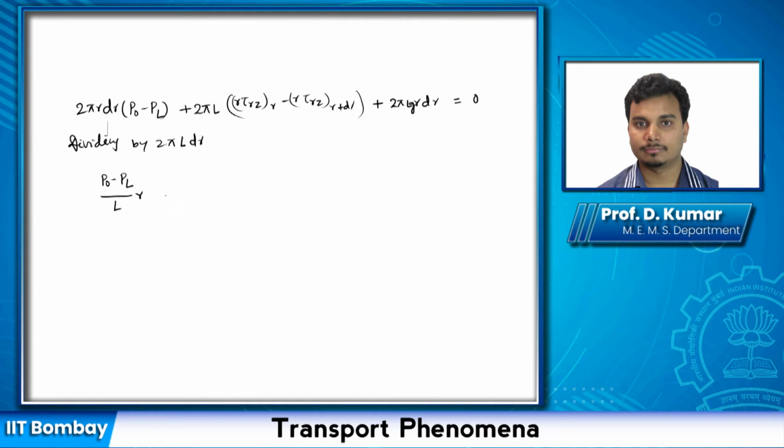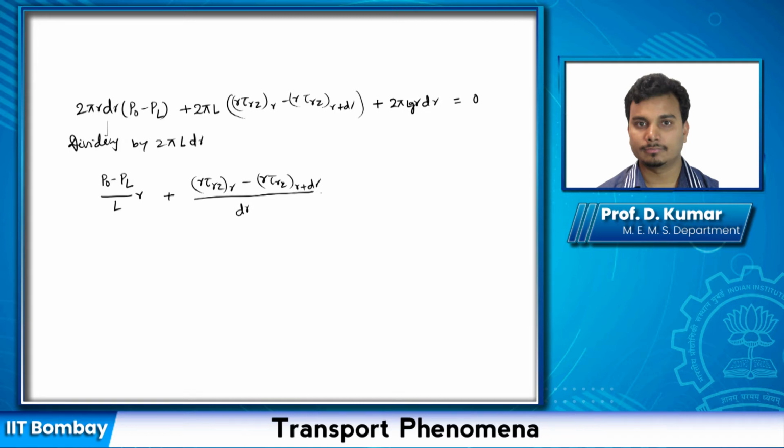And then 2 pi L dr, so this will become r tau rz at r minus r tau rz at r plus dr, and then this is divided by 2 pi L dr, so delta r you can write. I think that would have been easier.